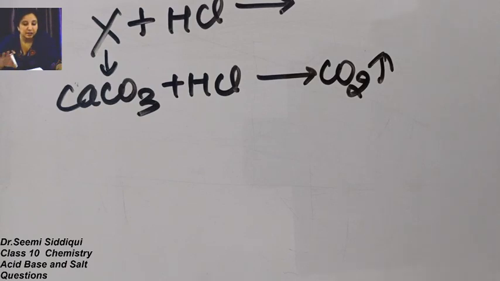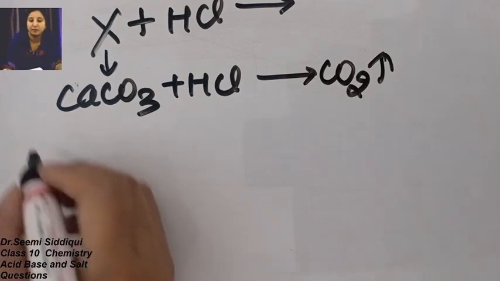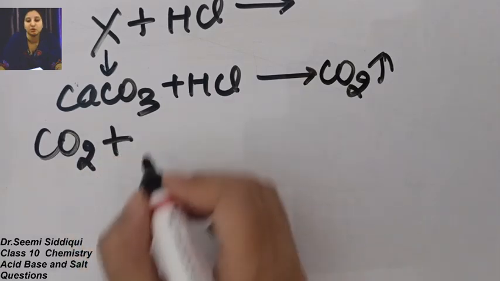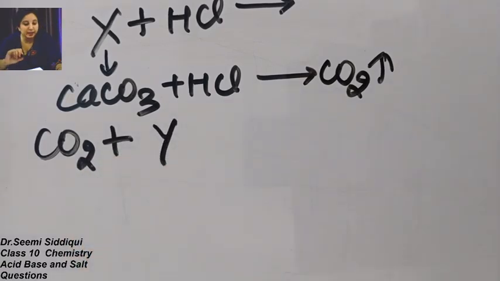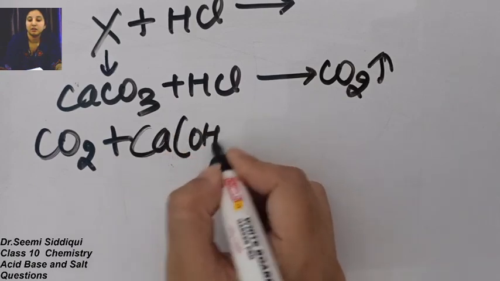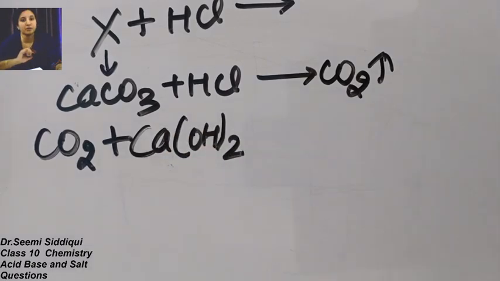Clear? Now, when the gas is passed through a solution Y, meaning CO2 is passed through some solution Y, it gives the carbonate back. Now the solution is going to be calcium hydroxide.